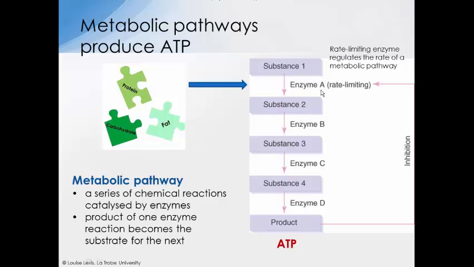So if they were to slow down and go very slow, that's going to slow down all these steps ahead of it. If this enzyme speeds up, then it's producing more product and the pathway can increase. Okay, so in general, rate-limiting enzymes control the rate of pathways and typically occur early in the pathway.